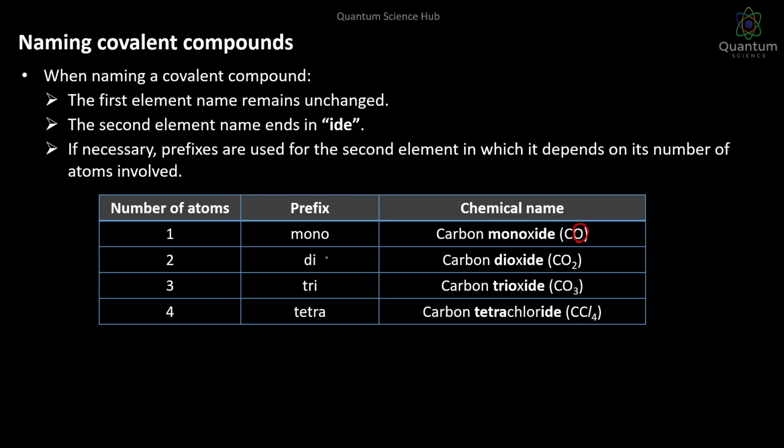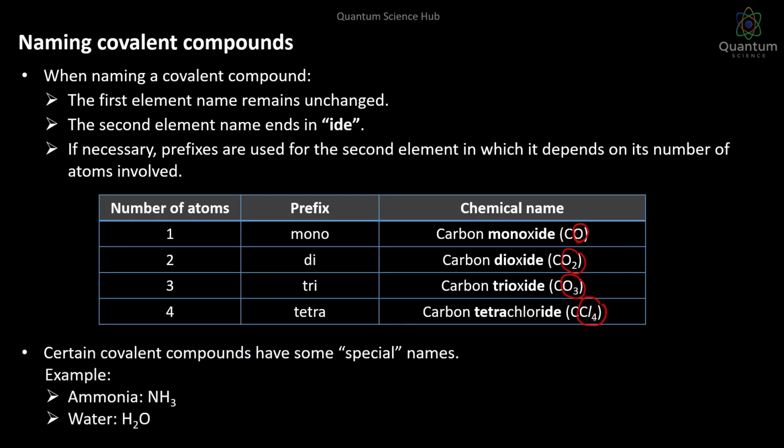Okay? Carbon dioxide. Why? Because it contains 2 oxygen atoms. So the name here is carbon dioxide. Next, carbon trioxide, because it contains 3 oxygen atoms. Okay? And carbon tetrachloride, so CCl4, because it contains 4 chlorine atoms. Next, certain covalent compounds have special names.